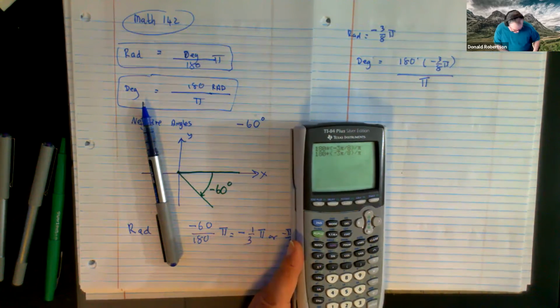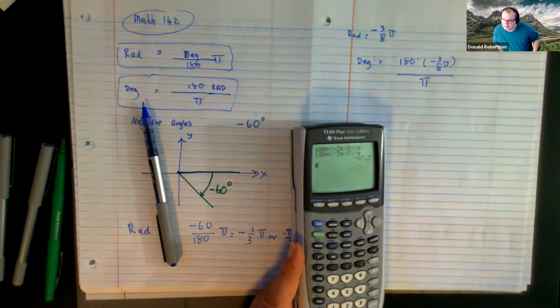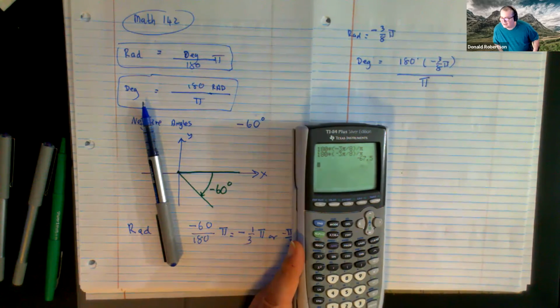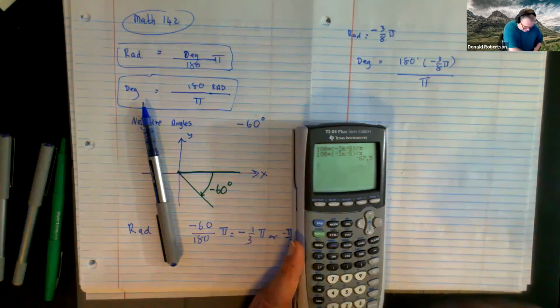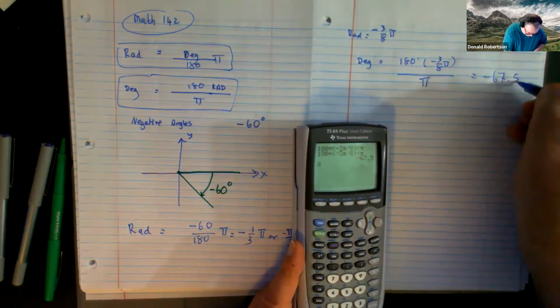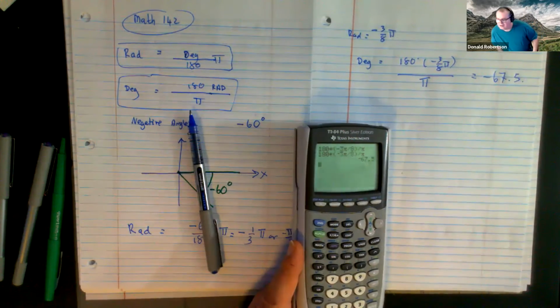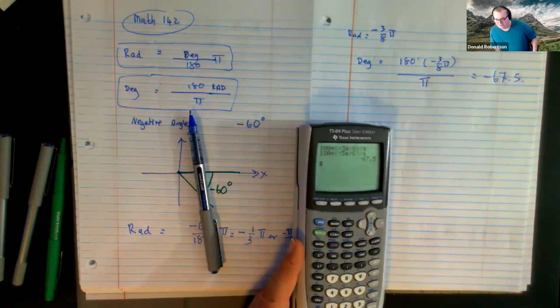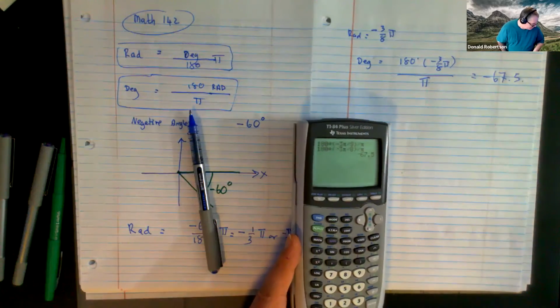That's why I got the error. Now when I hit the answer, I've got a nice number, negative 67.5. It's such a careless mistake, but everybody does them from time to time. Have you ever hit the subtract button when you should have said negative? Now that we know the answer, we can type it in. The calculator is pretty unforgiving. It just says error. It doesn't tell you what you did wrong. It just says, hey, this isn't sensible.